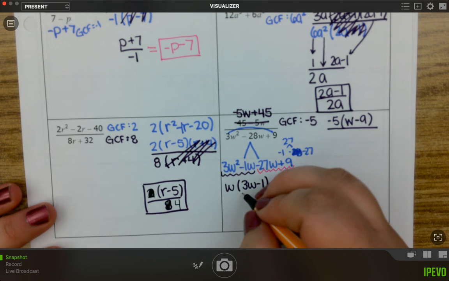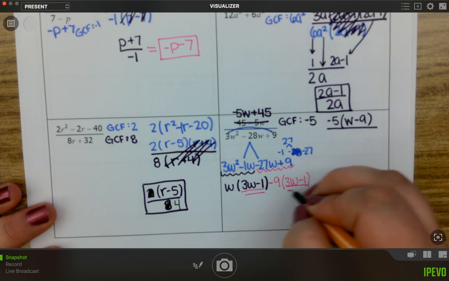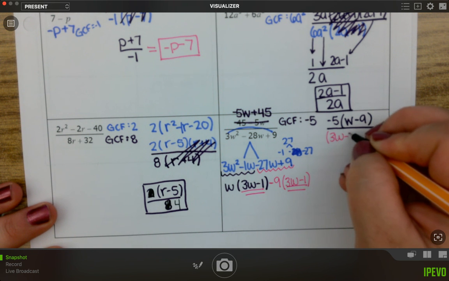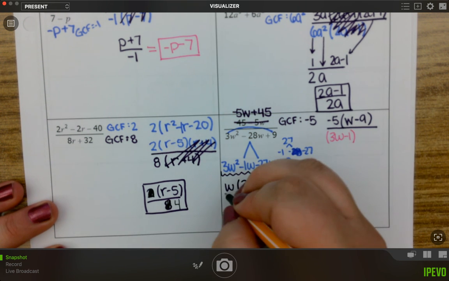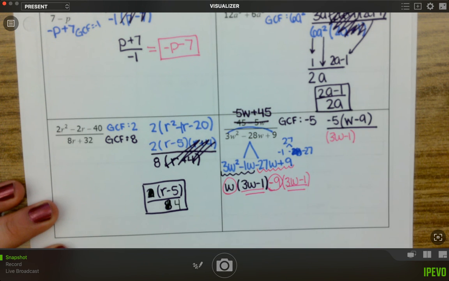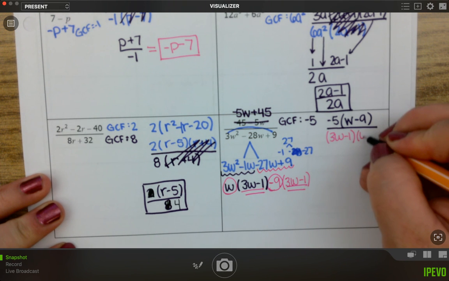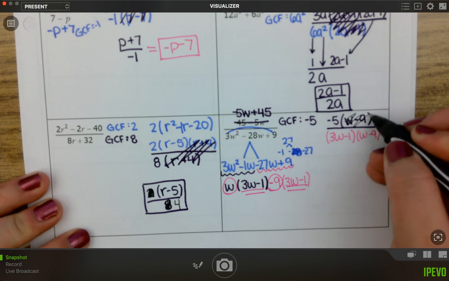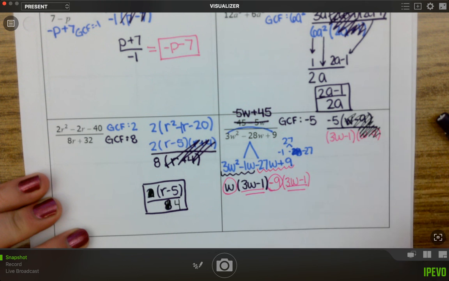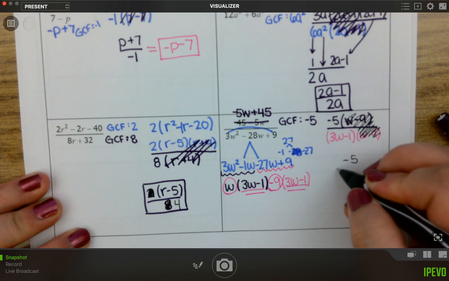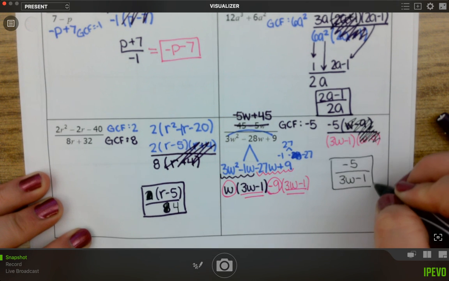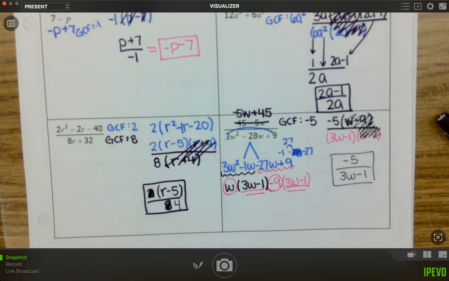And what should happen is you should have the same parentheses here and here. That's your first factor. Your other factor is whatever is on the outsides. W minus 9. And now I can cross out my common factor, w minus 9 on the top and the bottom. Ta-da!